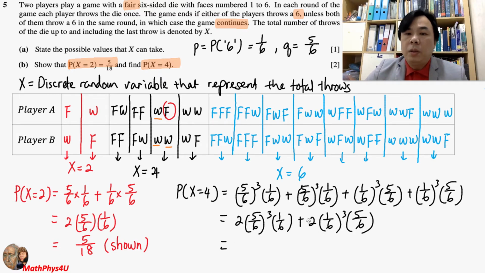Now from here, of course, if you have a calculator, you can just key in and then you will get the answer directly. Now, for me, most of the time I don't carry a calculator with me, so it's also a good time for you to practice your algebra. In this case, we can take it slow and easy. You notice that we can actually factorize this.